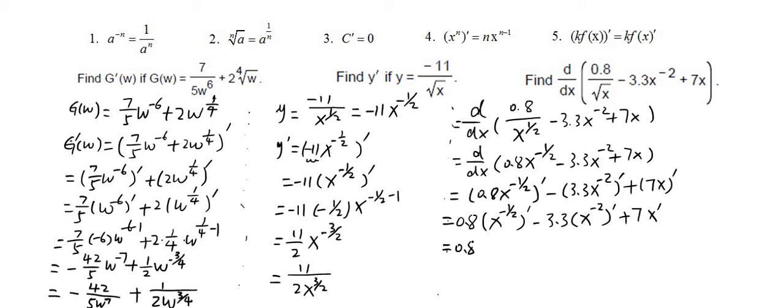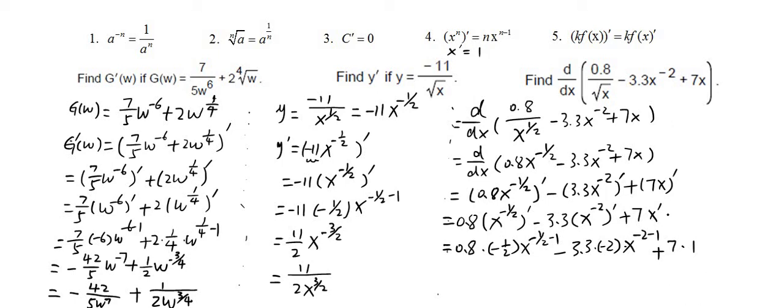So 0.8 times negative 1/2, negative 1/2 minus 1. Here 3.3 times negative 2, x to the power negative 2 minus 1. And the derivative of x should be 1. That is a well-known formula.